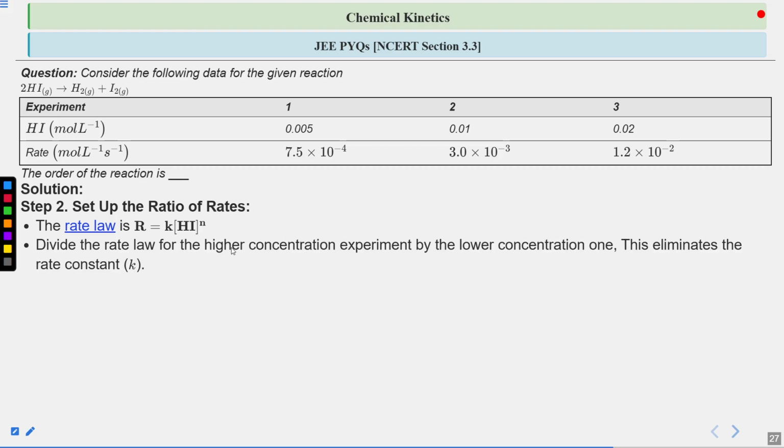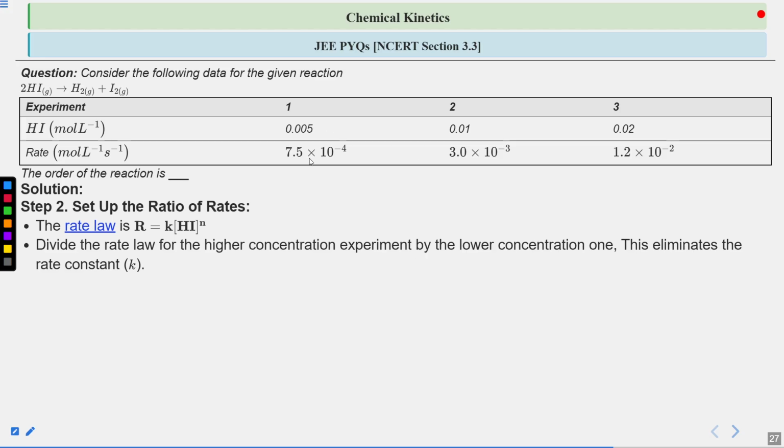Divide the rate law for the higher concentration experiment by the lower concentration one, and this is going to eliminate the rate constant k. We are talking about the same reaction, only changing the concentration, due to which the rate changes. Other than that, the rate constant is constant. So we divide the rate law for the higher concentration by the lower concentration.